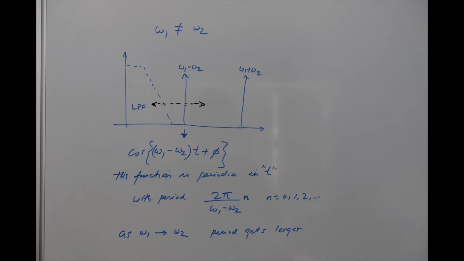On the other hand, if omega 1 minus omega 2 is a small number, that means the frequency of interest that you're trying to measure and the reference signal are very close to each other, then the filter will not be able to reject that signal easily, because it falls within the cutoff frequency of the filter. And so you will see some effects of that.